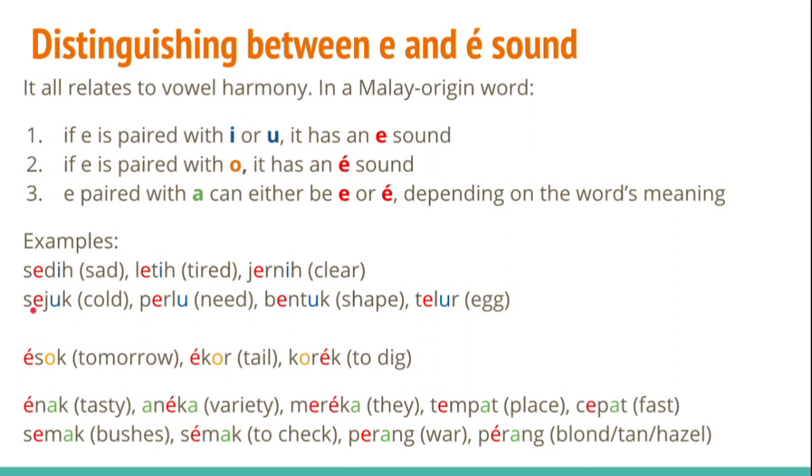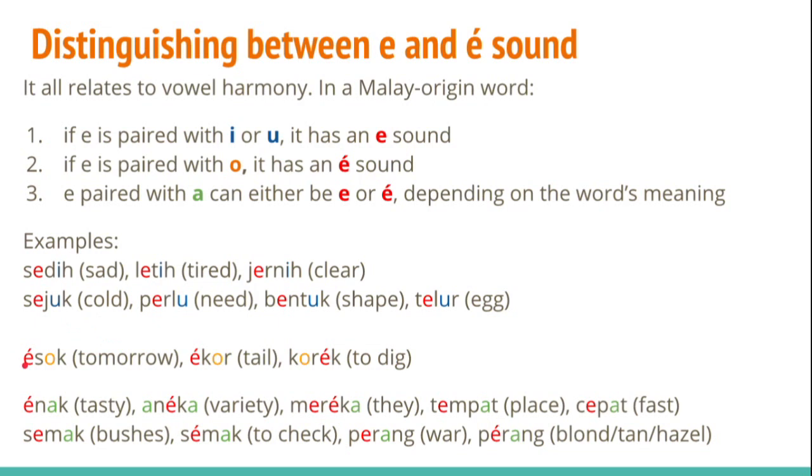Meanwhile, these are sejuk, perlu, bentuk, and this one is telur. So you can see whenever E is paired with an I or U, it has the same sound in all of them.